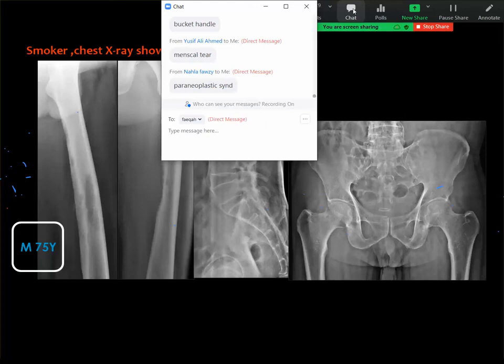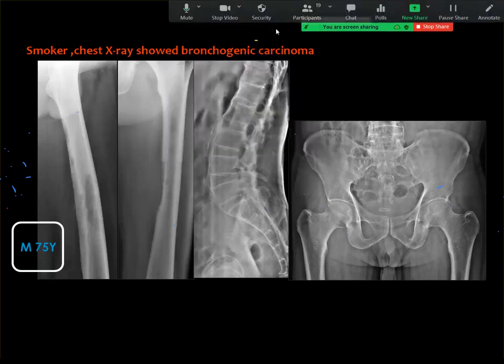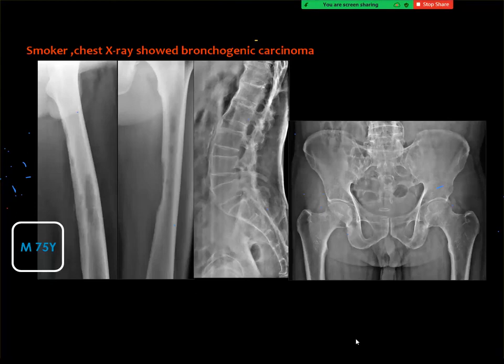Other possibilities. Hyperparathyroidism, Ahmed said. Okay, metastasis, Reham said, and let us verify the findings.